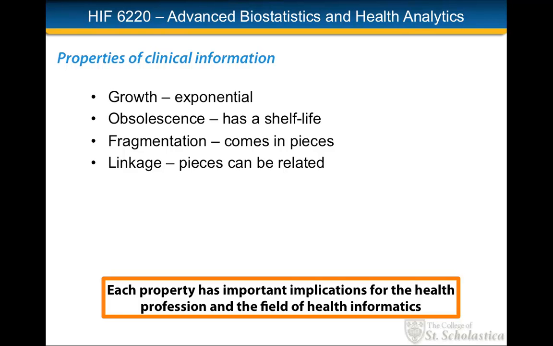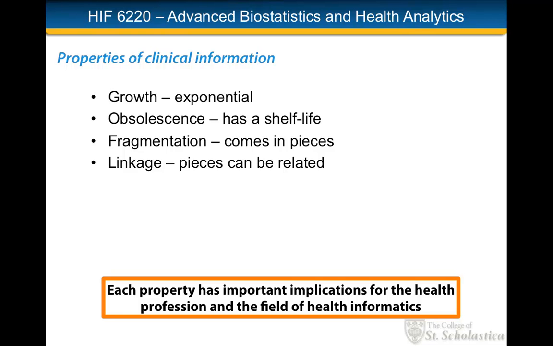Second property of clinical information is the idea of obsolescence, which basically means that clinical information has a shelf life. There is a timeliness aspect to information delivery. And that's because either our understanding changes as we build upon past knowledge to gain current understanding, or information is only useful within a real specific context.